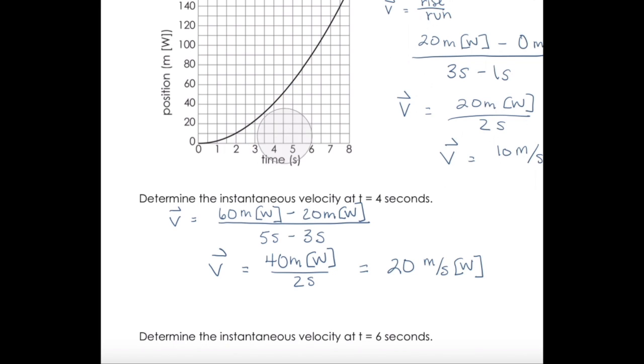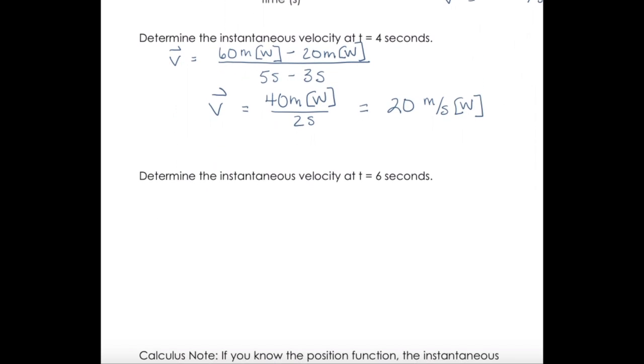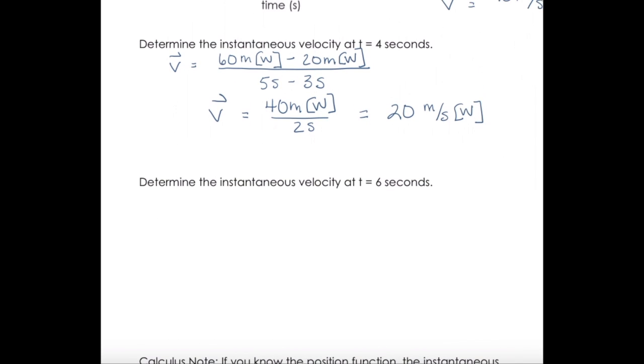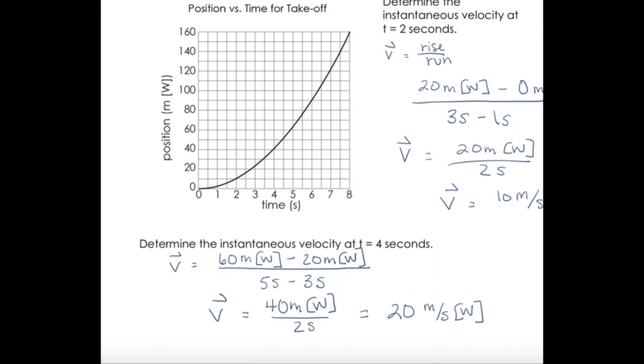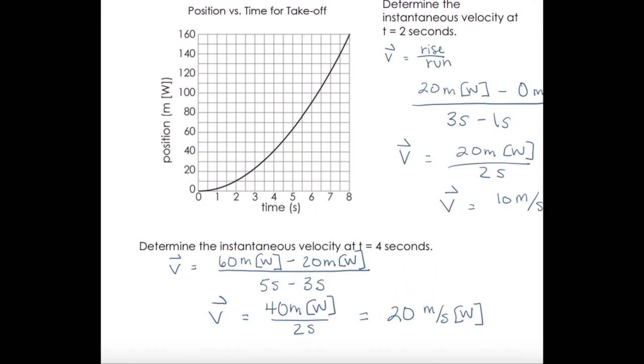And then for the last one, determine the instantaneous velocity at t equals 6 seconds. At 6 seconds, our position is here. Whenever we draw the tangent line, there's our tangent line.